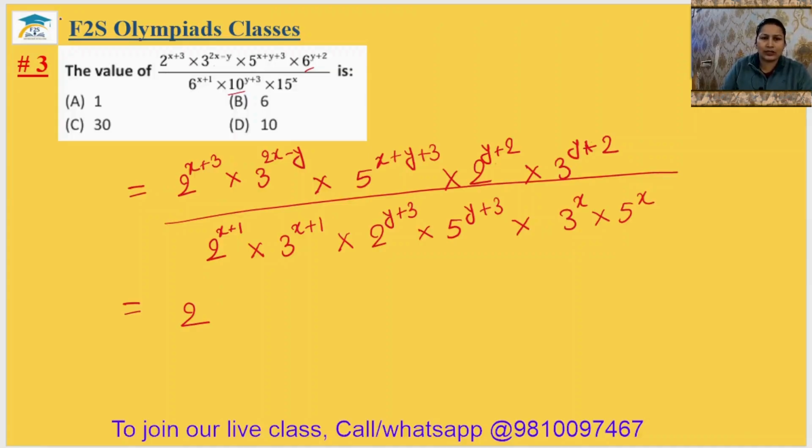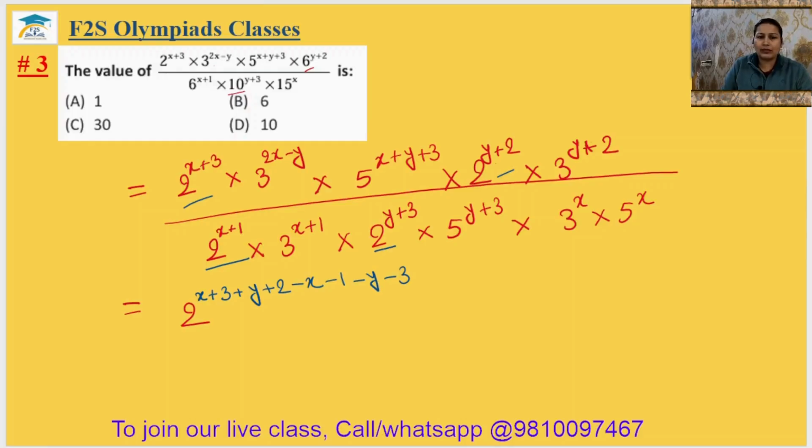Actually, here we can say these two have the same base, so powers will be added: x plus 3 plus y plus 2. And there is the same base again, so these powers will be subtracted: minus x minus 1 minus y minus 3.